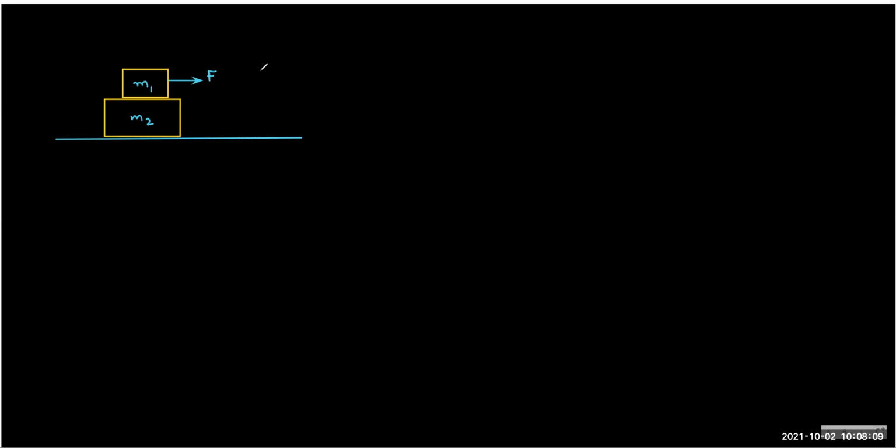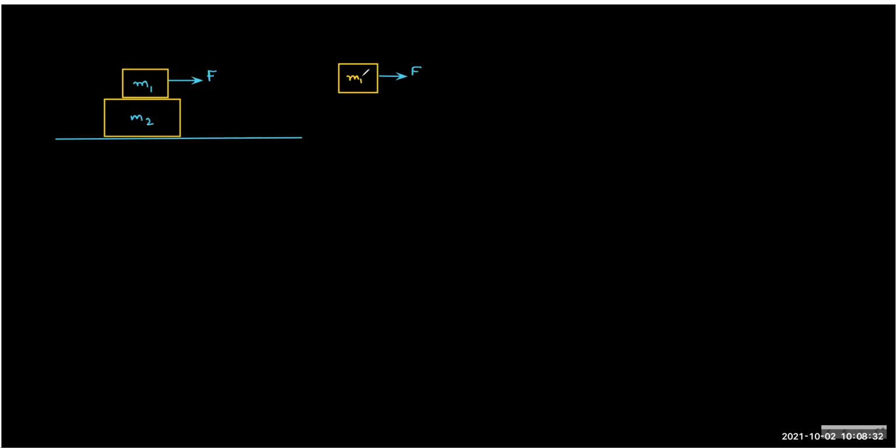Now you are applying force on the block M1. So what will be the tendency of M1, to go right or left? To go right. That is obvious, common sense. So we know that M1 will tend to go right. That's the tendency.